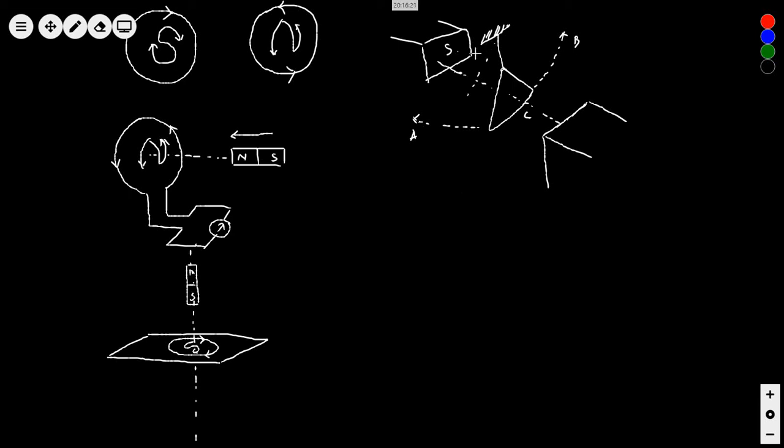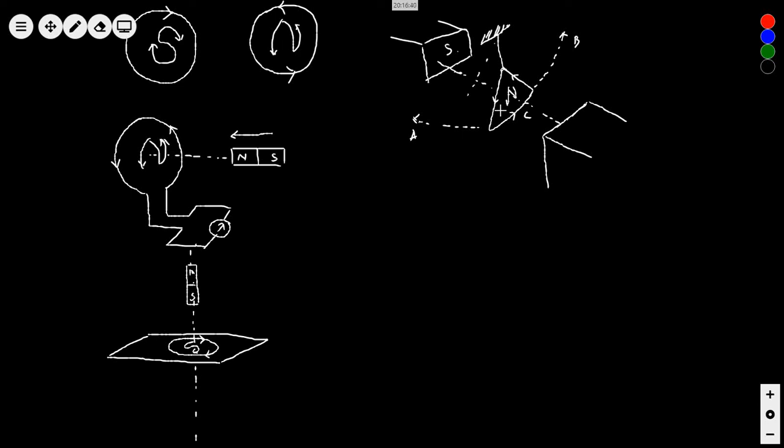So its direction will be which way? This side will be north, right? So like this, simple.